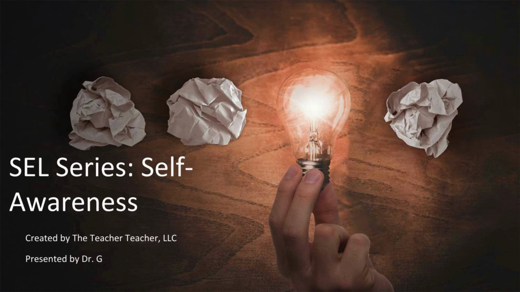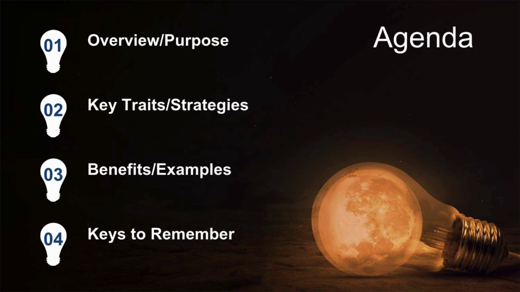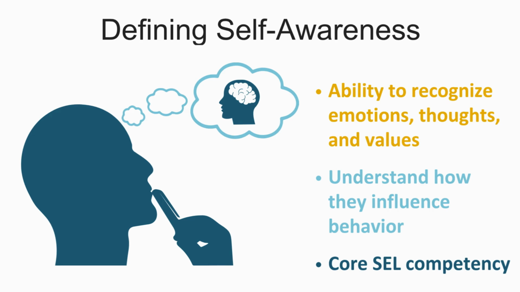So we're continuing the SEL series, where you're going to jump right into self-awareness as the first component. So we're going to have an overview, look at the purpose, some key traits and strategies, look at the benefits, as well as keys to remember. So defining self-awareness, again, it's a core competency of SEL, social emotional learning.